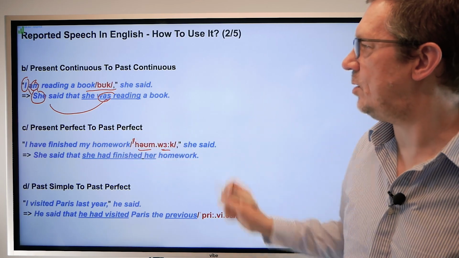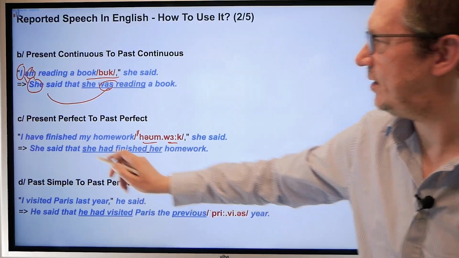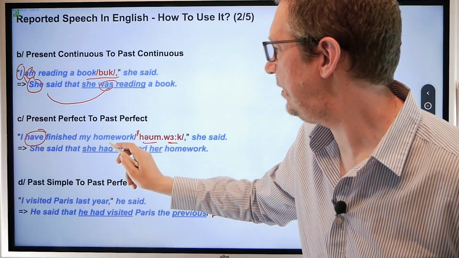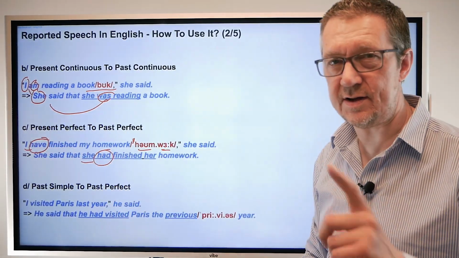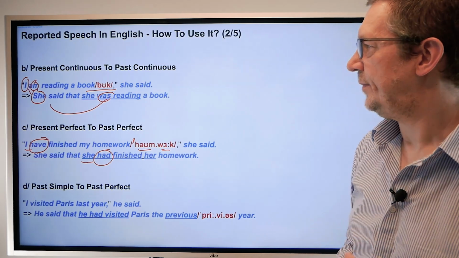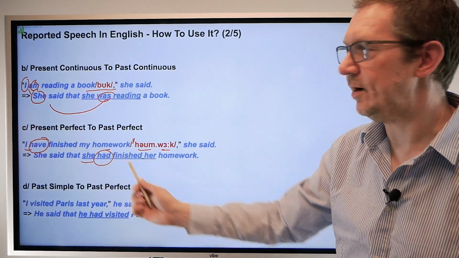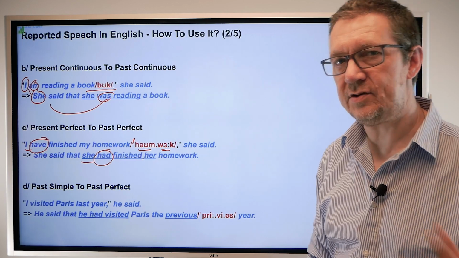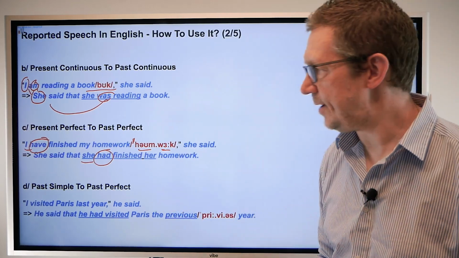She said, so I finished my homework, she said. She said that she had finished. So instead of I have, it's she had. I and she. Do you see what changes? The I goes to she, like we said in the first part, and then the have becomes had. I have finished, she had finished. Okay, excellent. You can see how it's working now, right?